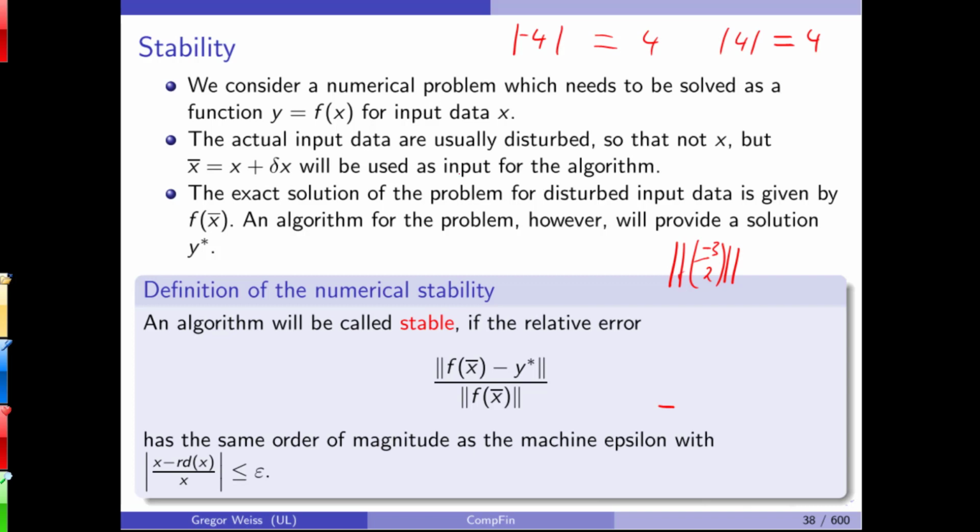I'll make an example here. Let's assume we are expecting an input data error, so we will only use x bar. f of x bar is what should come out of the algorithm, let's say 5.